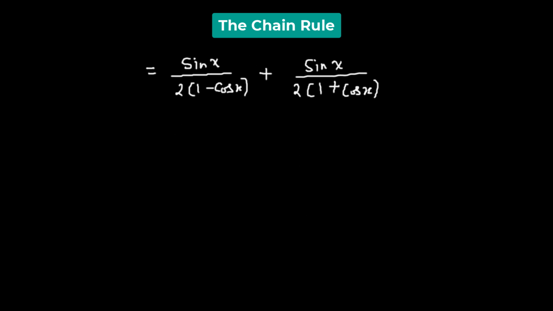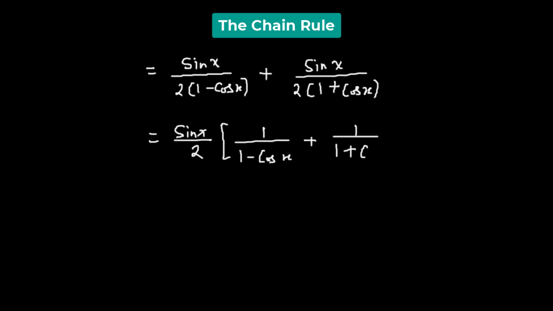Now we're going to take sine x over 2 as the common term. That leaves us with 1 over (1 minus cosine of x) plus 1 over (1 plus cosine of x).